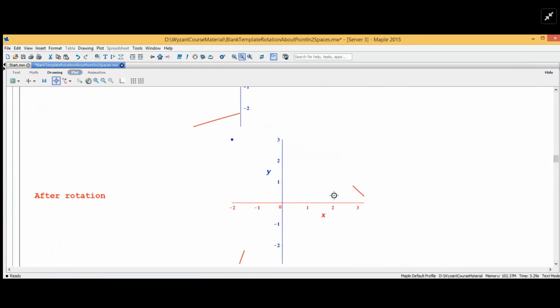Now, the reason this is kind of off scale is because in this bigger picture, they have to expand the graph to visualize the net result of rotation, which is here. Okay, so that's straightforward.